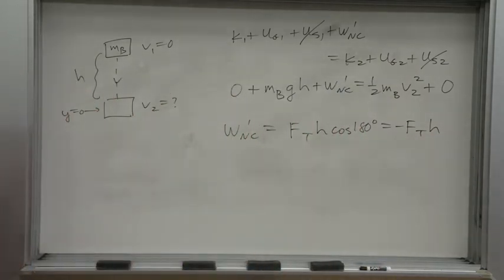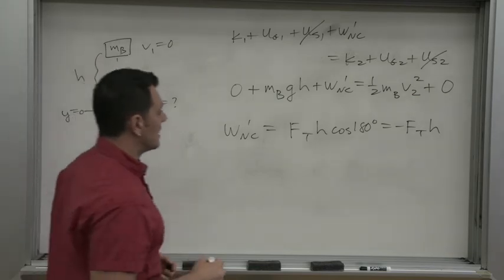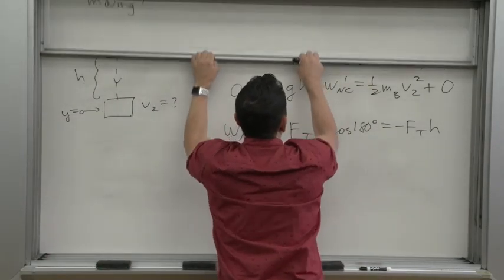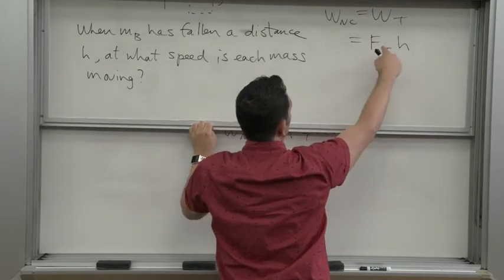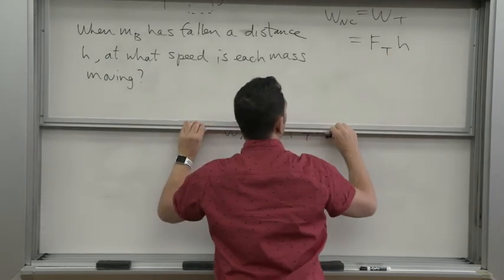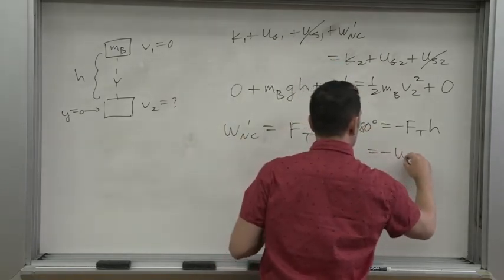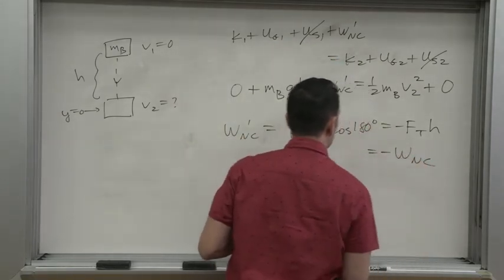But notice that this is, what do we get before for MA? Work non-conservative is Ft times h for this one. So this is the negative of work non-conservative for mass A.